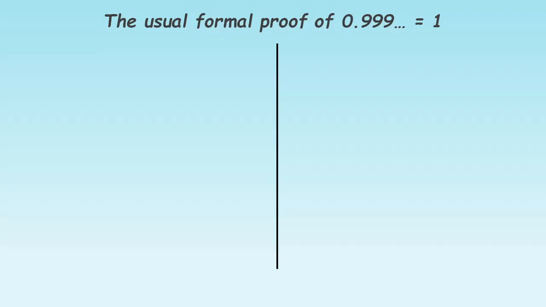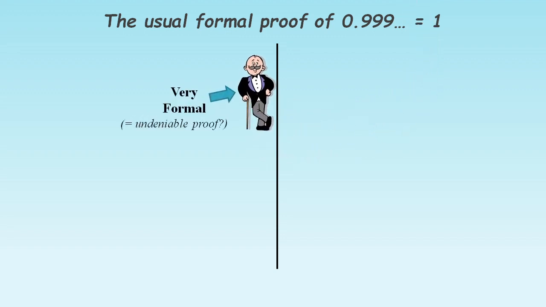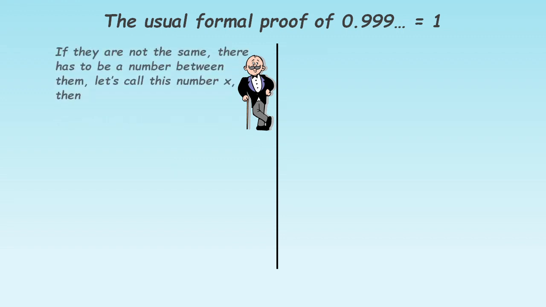But the supporters of real numbers just dismiss all these problems, and they restate their intuitive argument as a formal proof that has been accepted by the mathematics community at large, and so they'll claim it can't be argued with. For them, it is an undeniable proof of equality. The formal proof starts by assuming that 0.9 recurring and 1 are both constant values, and then, if they are not the same value, then there must be a value between them, which we'll call x.